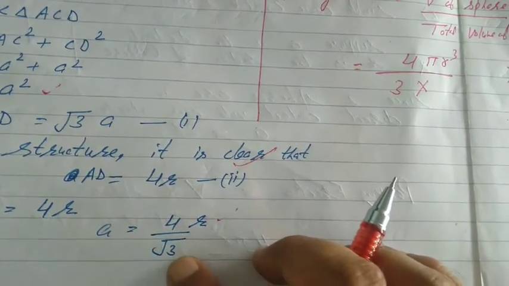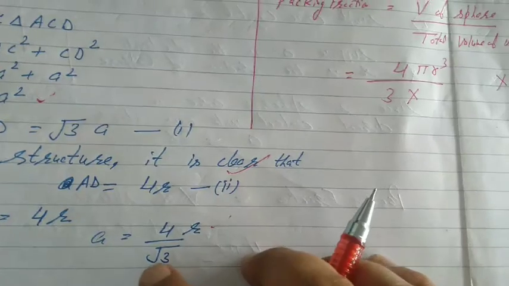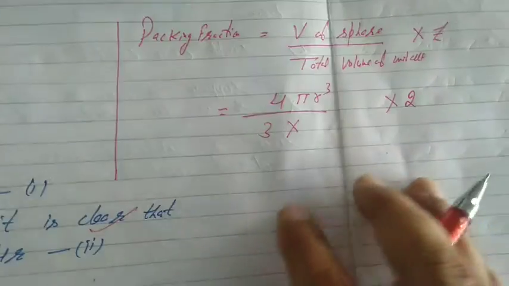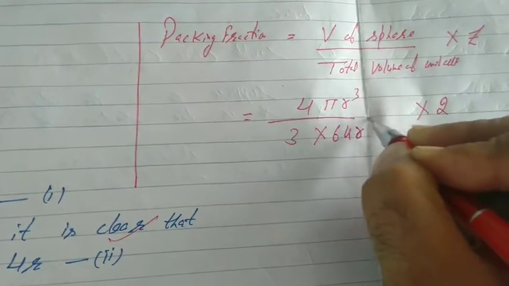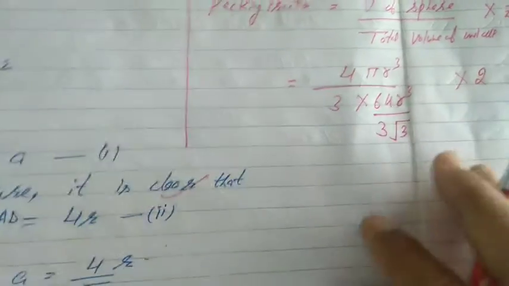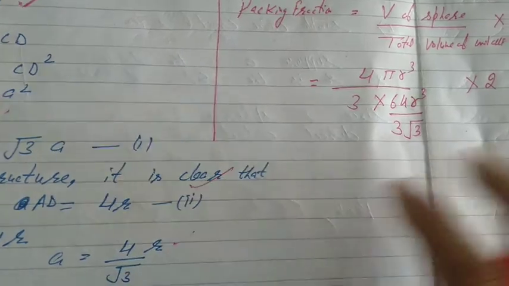A cube means 4 4s are 16, 16 4s are 64, 64 R cube upon 3 root 3. Root 3 cube is 3 root 3 into root 3, 3 root 3.